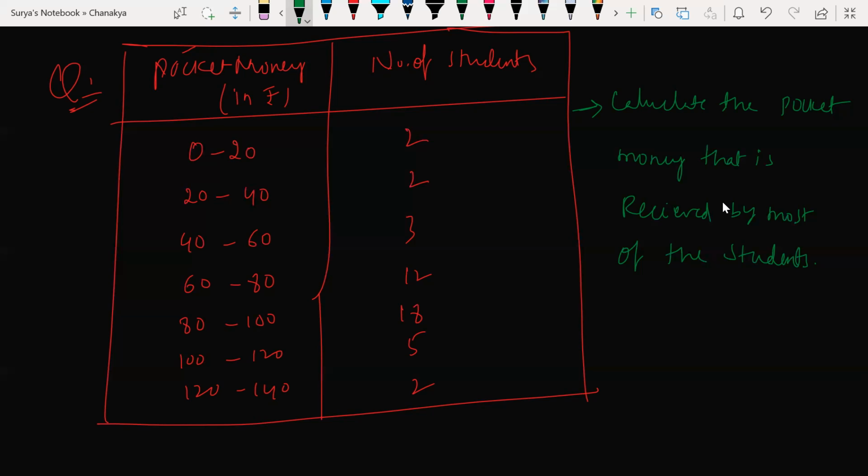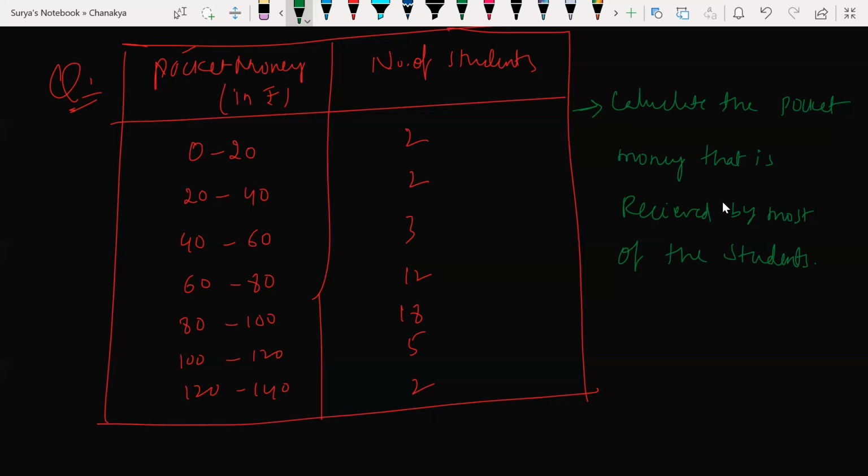Sir, when we take unorganized data, we know that mode is the most frequently occurring measure of central tendency.